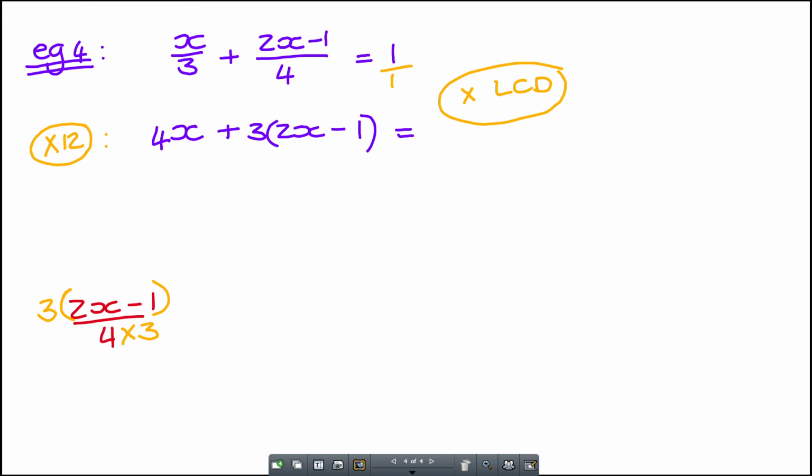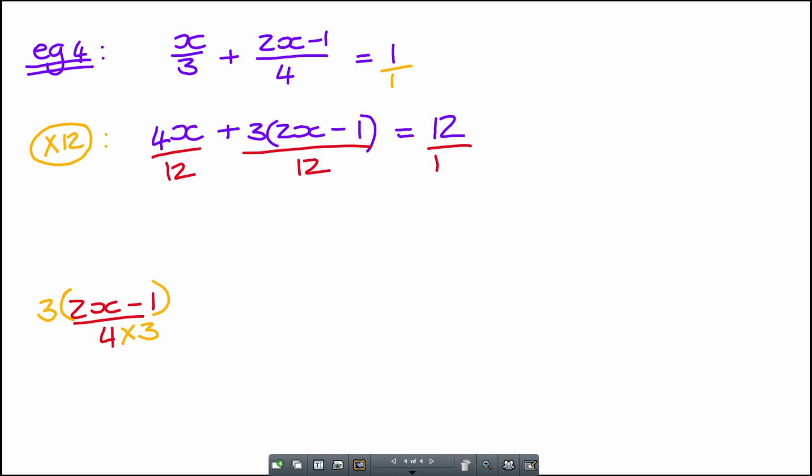Okay. Then, on the right-hand side, I had 1. If I multiply that with 12, that's going to give me 12. Do you guys understand? So if I kept it in fraction form, it would have looked like this.